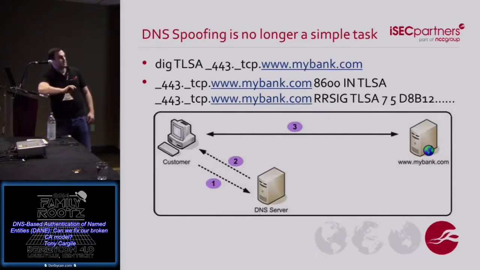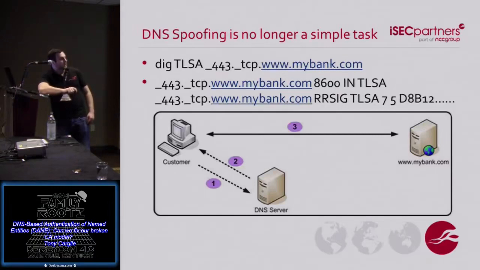So what does DANE actually do in this situation? When this A record happens, it also kicks back a TLSA record, which is a validated record. And so now the client knows what this handshake certificate should be.